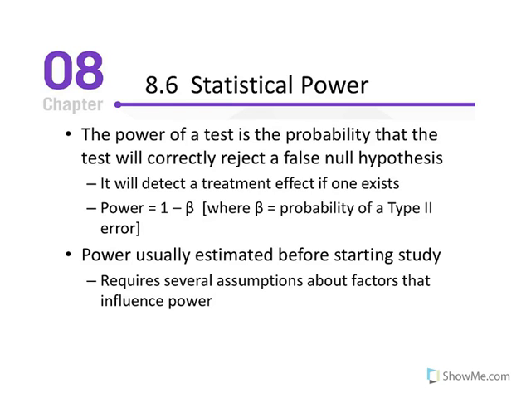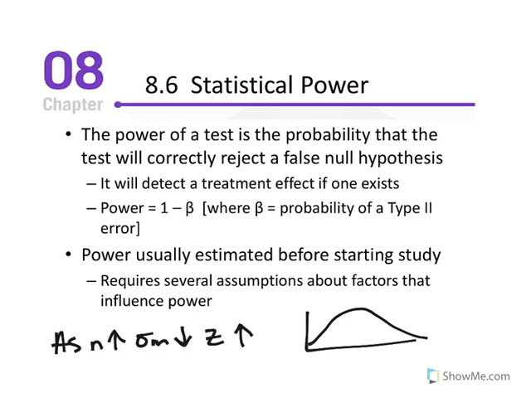So for example, as n increased, the standard error of the mean decreased, and our Z statistic increased. And when we have a larger Z value, again, thinking back to our normal distribution, the larger the Z-score, the more likely it is out in the tails of the distribution, which then results in a higher probability of rejecting the null.